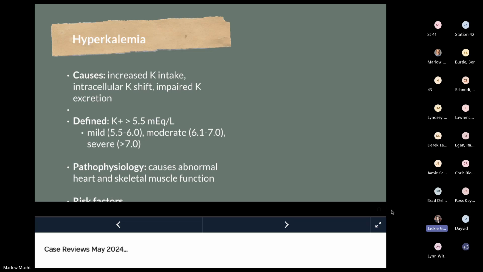Things that are high in potassium are red meats, spinach, beets, potatoes, cantaloupe, carrots, bananas, broccoli, or even dried items such as dried fruit, nuts, avocados, seaweed, all increase the potassium intake that people take in, and if your kidneys can't excrete it, that ends up being an issue.